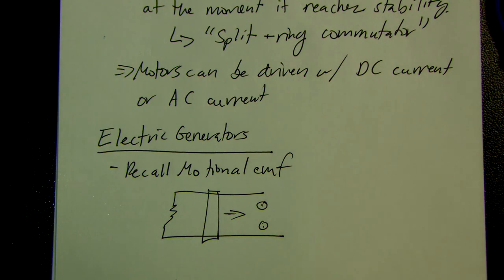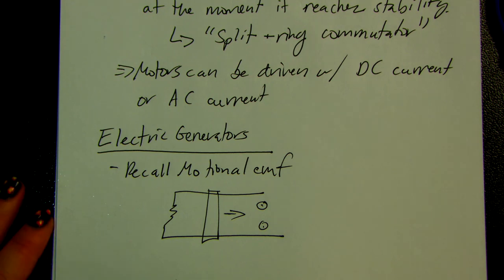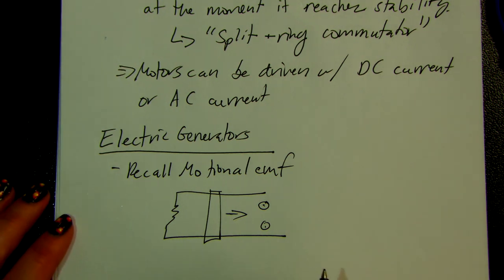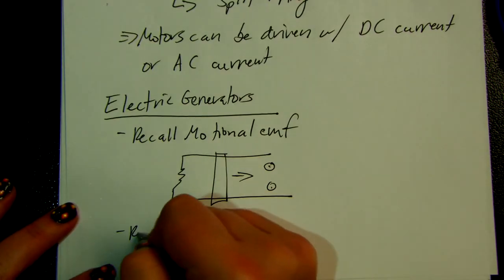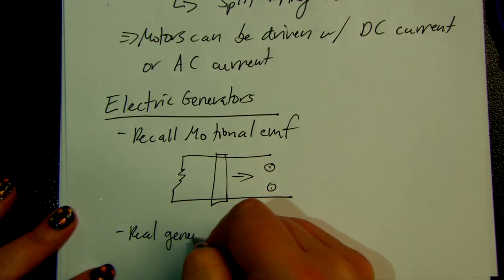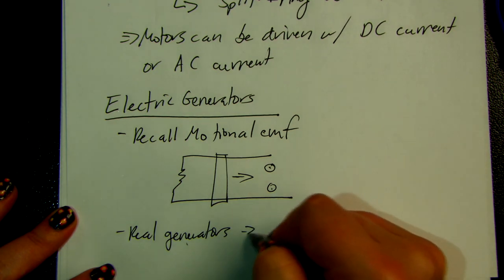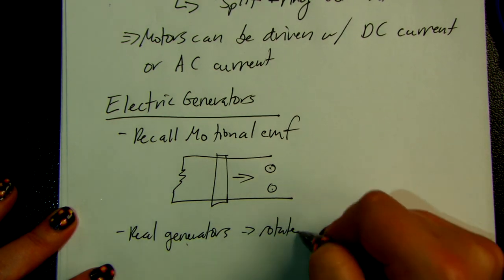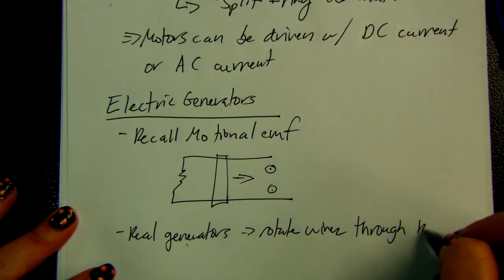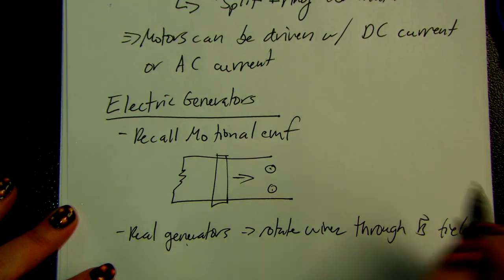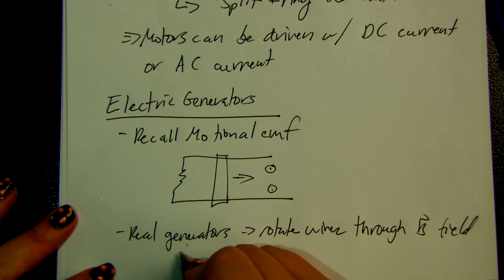So this is generating a current, but in real life generators, we don't have these giant rails where we are putting bars on. What we actually do is we rotate wires through magnetic fields. So in real generators, we'll rotate wires through magnetic fields, and this will drive a current.